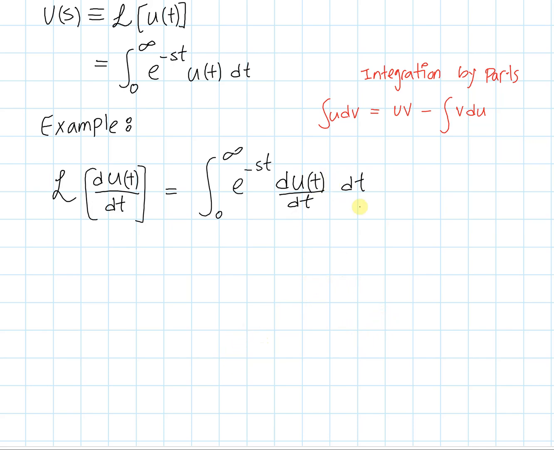Clearly this dt and this dt cancel out, and what I end up with is the following. I have e to the minus st times u(t), with the limits of the integral imposed, plus s times the integral from 0 to infinity of e to the minus st, u(t), dt.